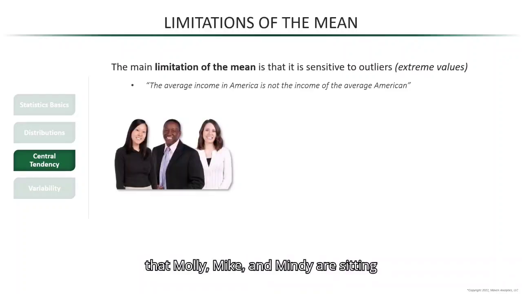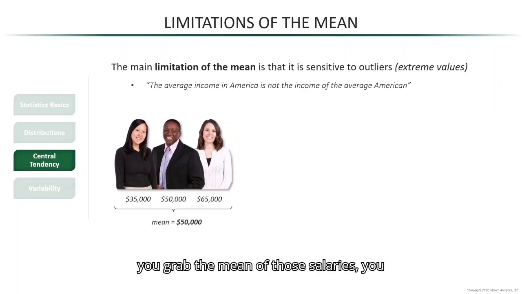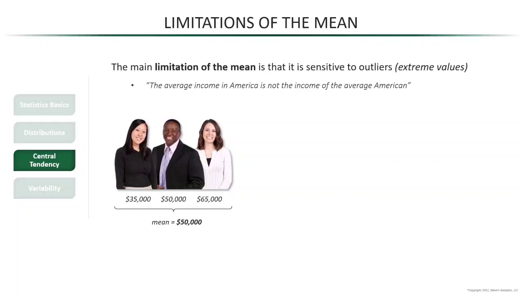Let's say that Molly, Mike, and Mindy are sitting at a bar together and they make $35,000, $50,000, and $65,000 a year, respectively. Well, if you grab the mean of those salaries, you get $50,000, which is a pretty representative number or guess about the salary of any one of those people.